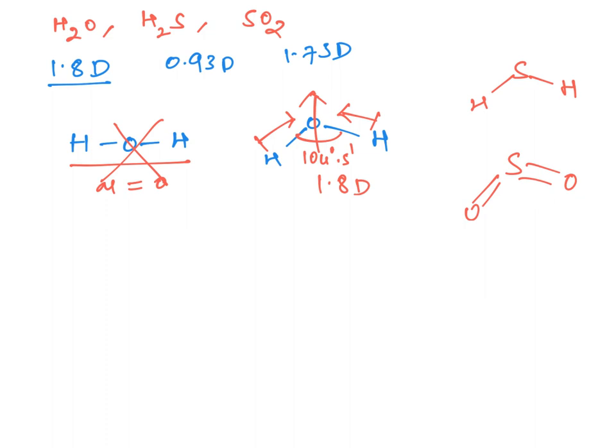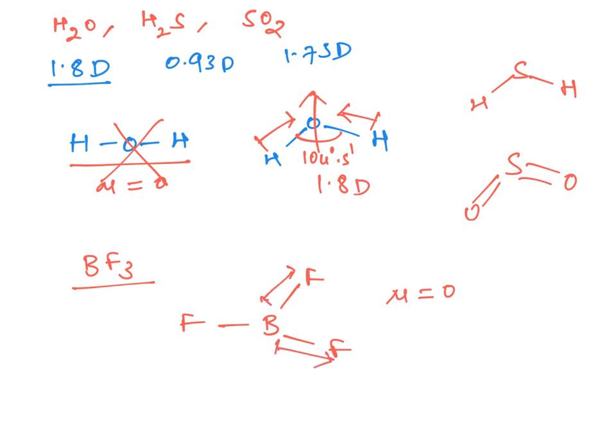Let's take another example. BF3, a tetraatomic molecule, which is a planar molecule. It is oriented in this fashion, and the dipole moment for this is also equal to 0. Here, if I take these two, fluorine is more electronegative than boron, and the net dipole moment is oriented in this fashion.